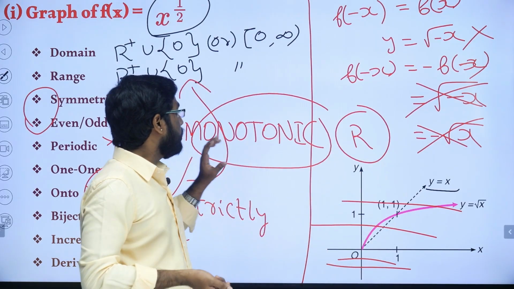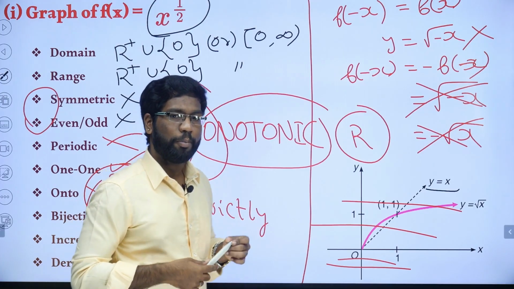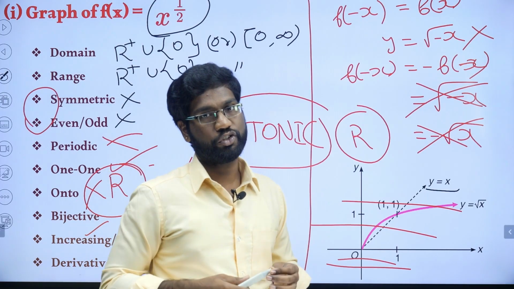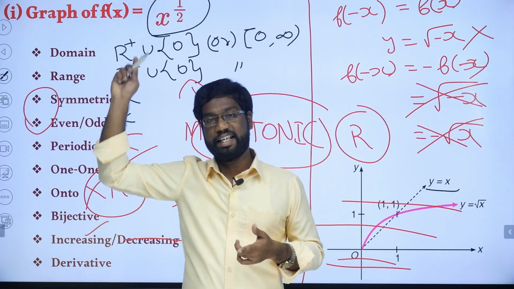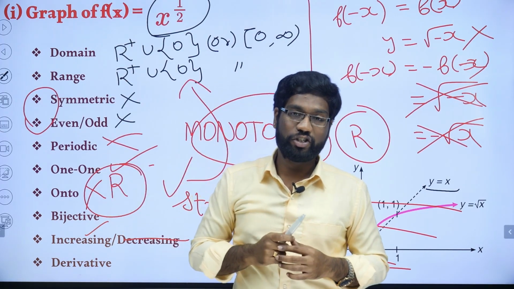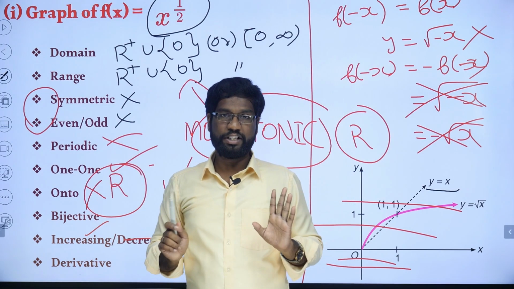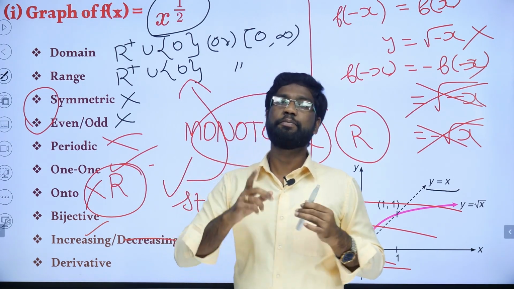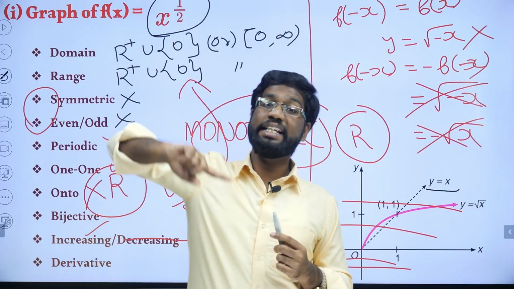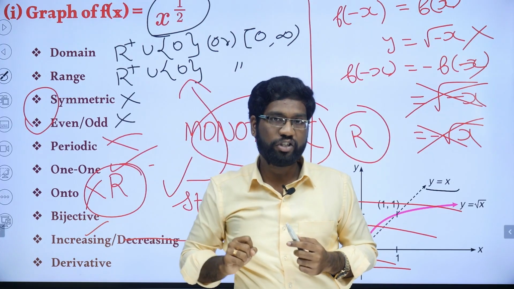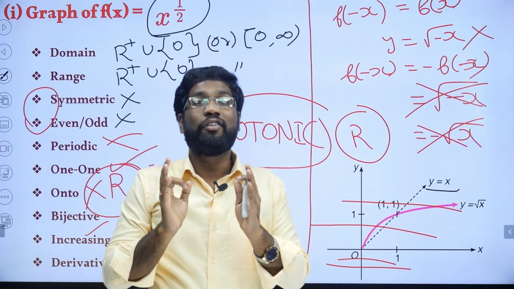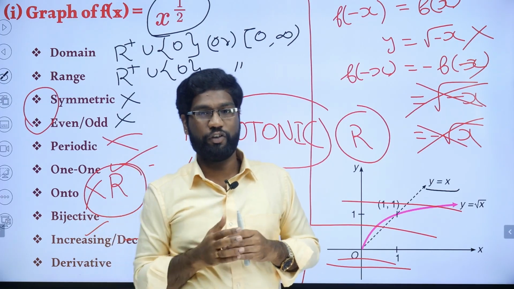From here there is another property: if your function is monotonically or strictly increasing, then that function is a one-to-one function.